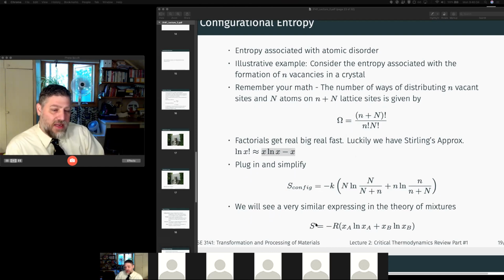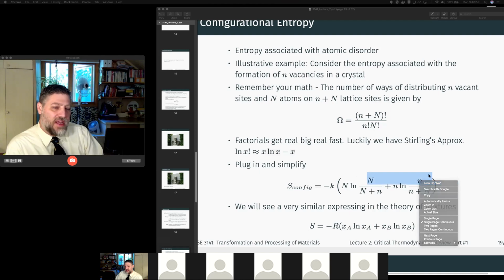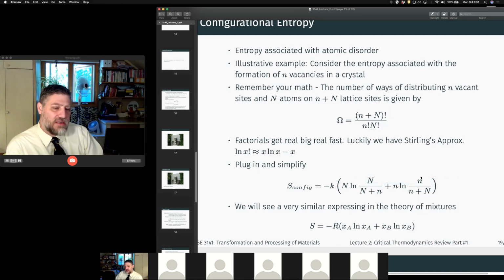And what's important here is that when we do the theory of mixtures, if we think about an ideal mixture, we end up with a relationship that looks awfully the same, where this is the mole fraction of A, and this is the mole fraction of B. If we think about this as the fraction of atoms and the fraction of vacancies, we end up with a parallel construction.